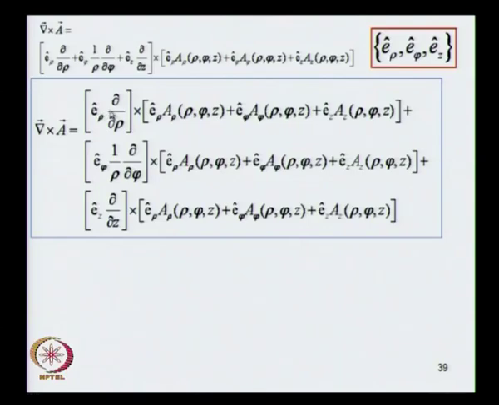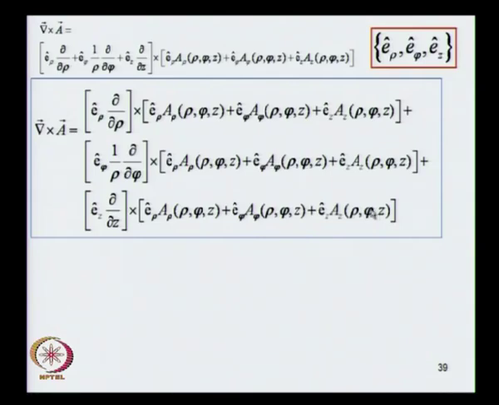Okay. So, we write it explicitly for e_rho del by del rho and construct this cross product with these 3 components. Likewise, take the middle term over here and construct the superposition of these 3 components, and then you take the last term over here and again take the cross product with these 3 terms.